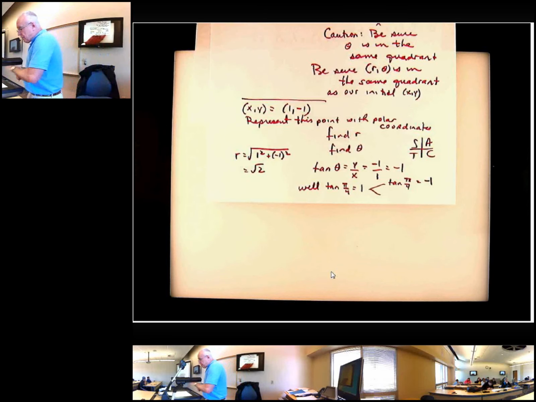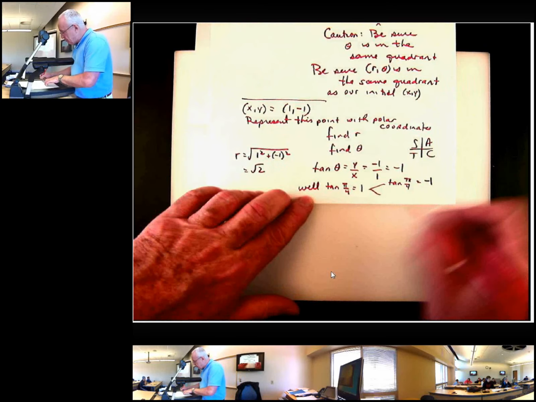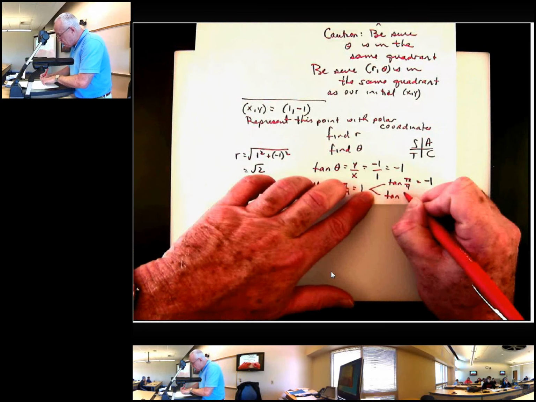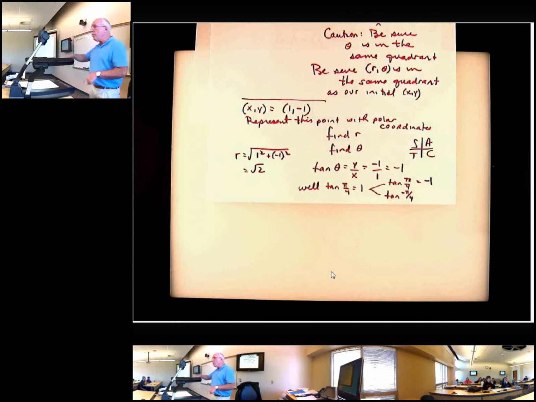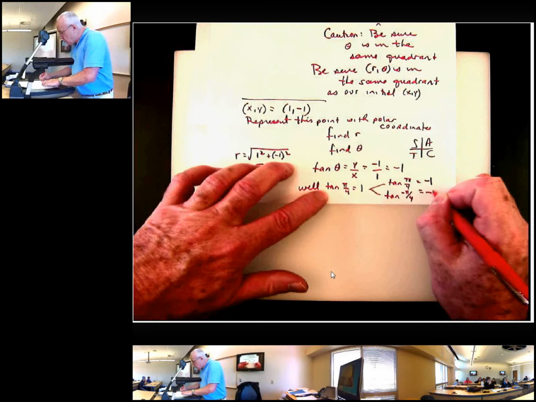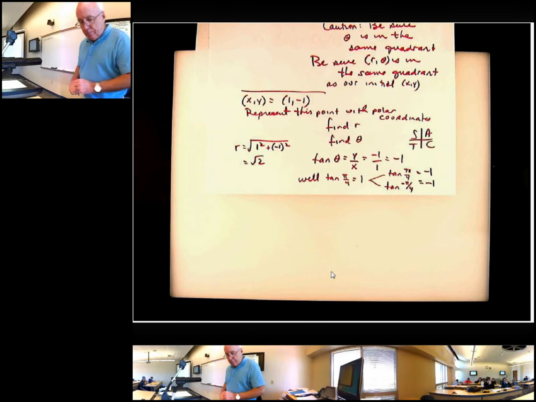So 7 pi over 4 is in the fourth quadrant, and its tangent is minus 1. And then also, I could just have tangent going in the clockwise direction. The tangent of negative pi over 4 is also equal to negative 1, all right?